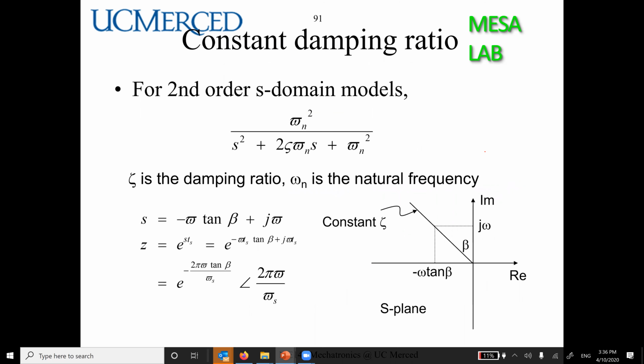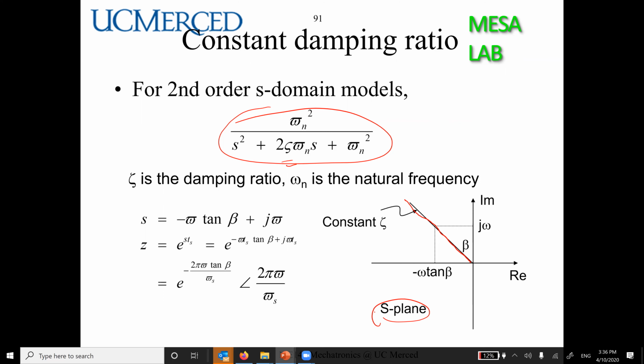We have seen the second order system model. Zeta is the damping ratio. What if my damping ratio is constant? Based on our study, we know that it is this constant zeta line.